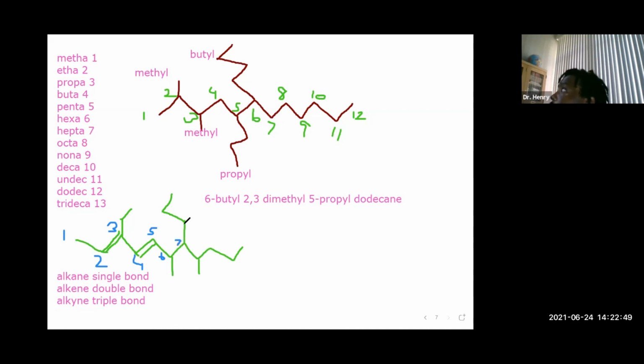So if I go this way, that'll be 8, 9, 10. If I go this way, that'll be 8, 9, 10, 11.